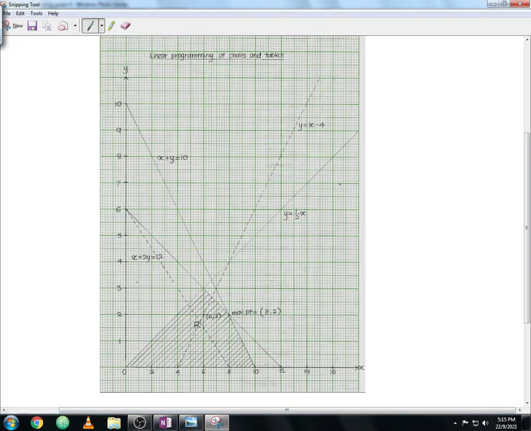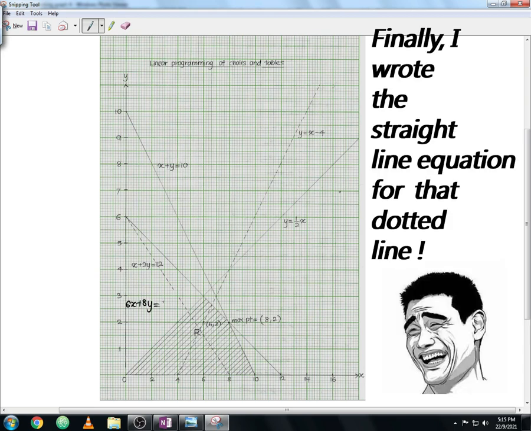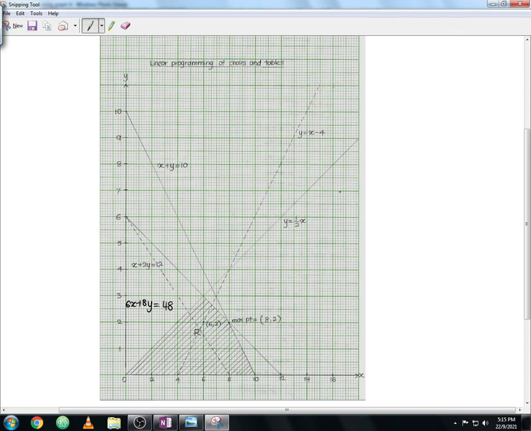So you have to write here 6x plus 8y equals to 48. Please wait, guys, let me write under here. Okay, so this is your dotted line equation.